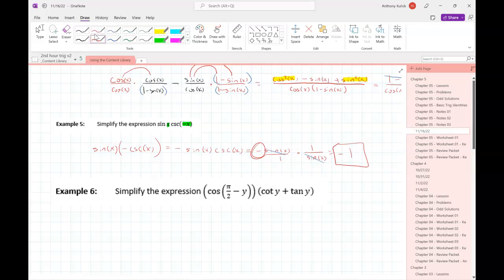So for something like this, before I even start looking for algebraic things, there's an identity that I would use first.